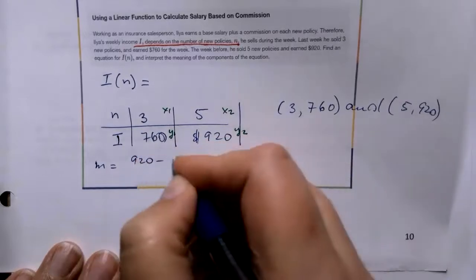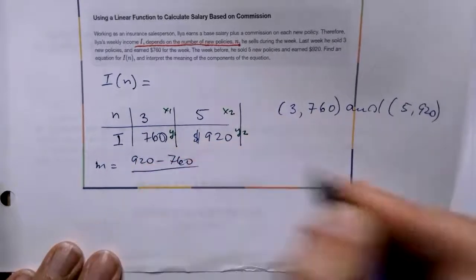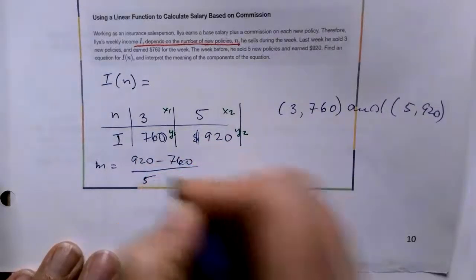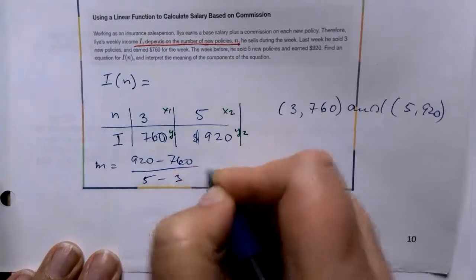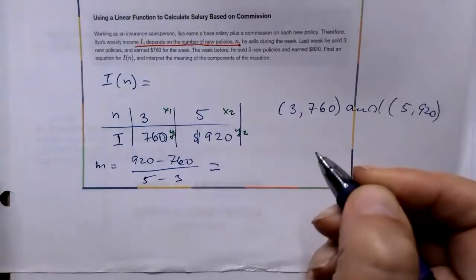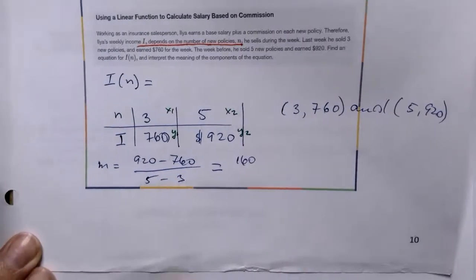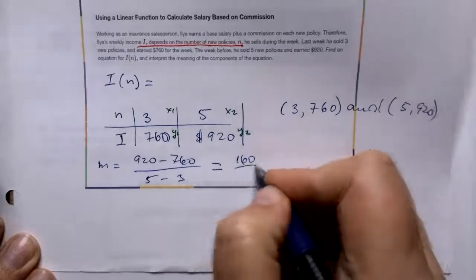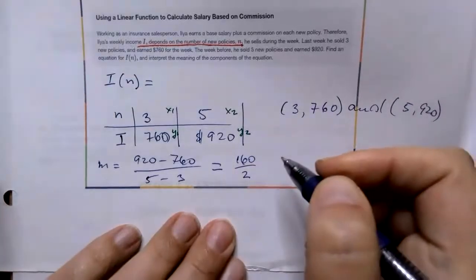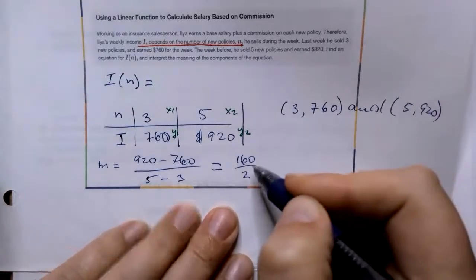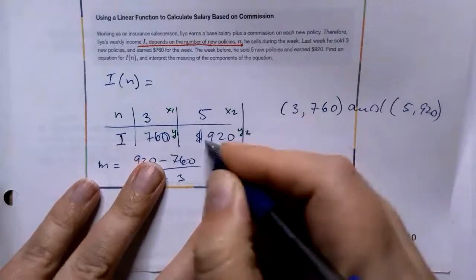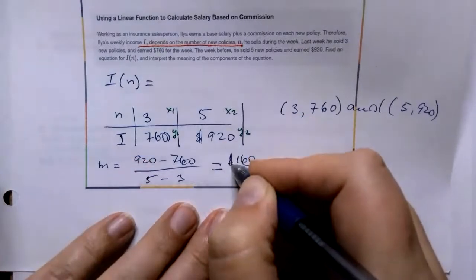920 minus 760 over 5 minus 3, which equals 160 over 2. Now, what are the units? Well, what is 160? 160 is dollars, right?